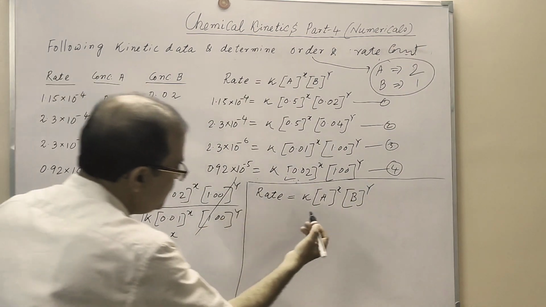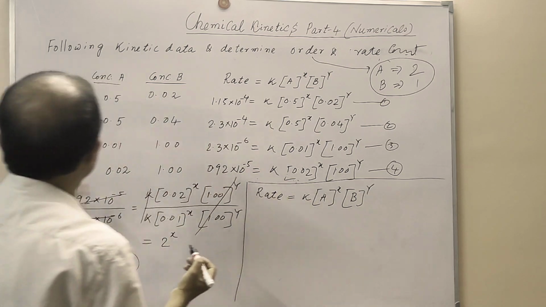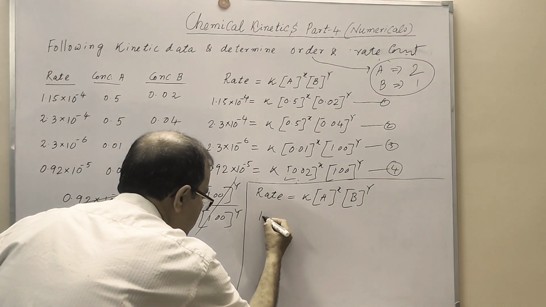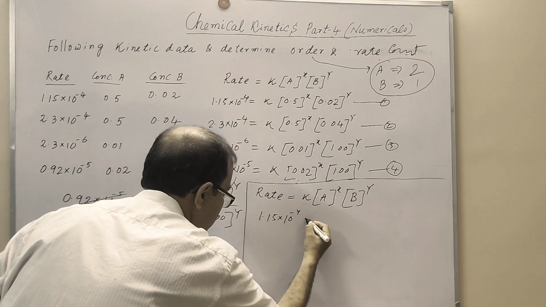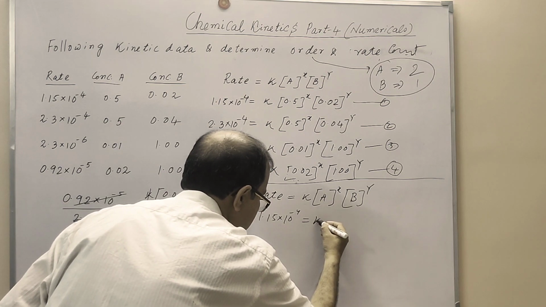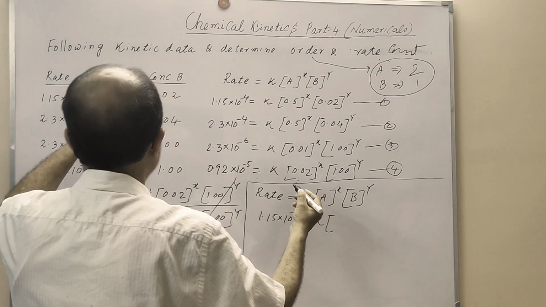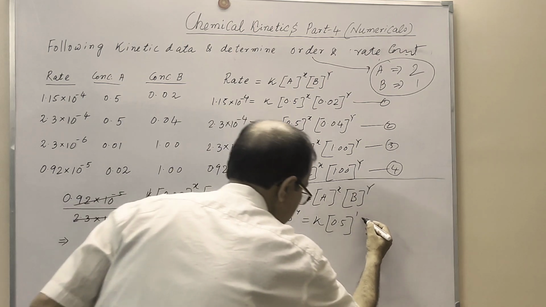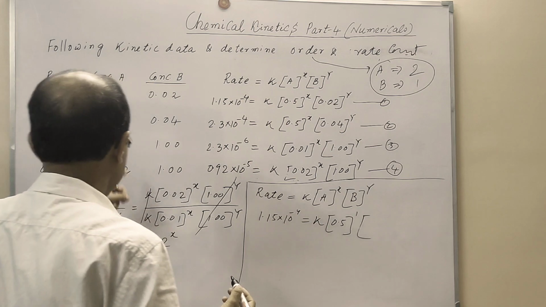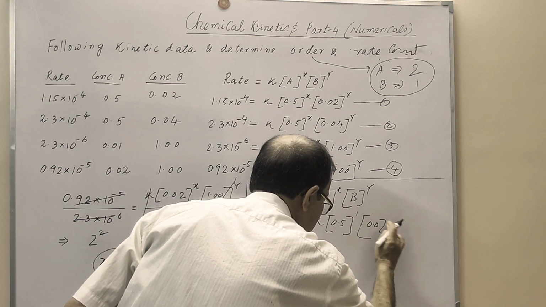So from this data, you can put one rate, 1.15 into 10 to the power minus 4. This is equal to k, and you take the concentration of A as 0.5 into 1, and the concentration of B you can take 0.02.